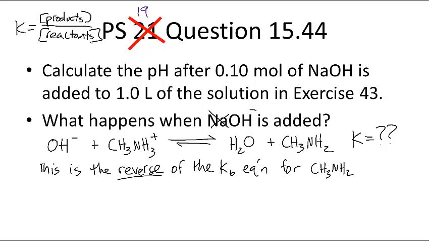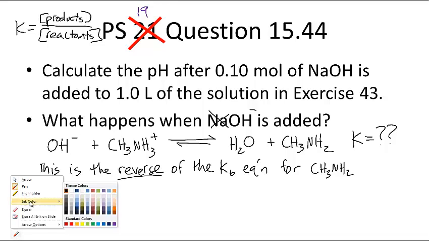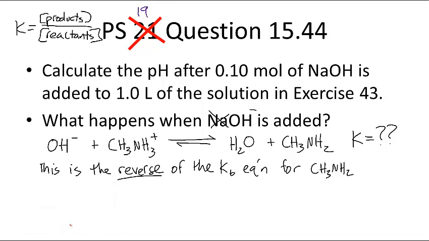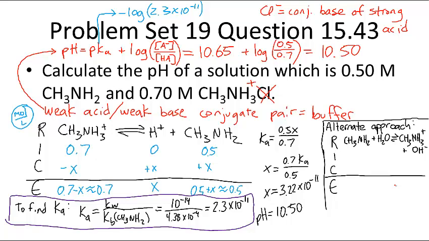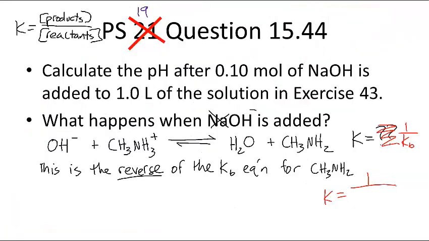So the K value for this reaction is going to be 1 over the Kb value, which we looked up a minute ago. It was 4.38 times 10 to the negative fourth. So the K for this equation is going to be 2.3 times 10 to the positive third.